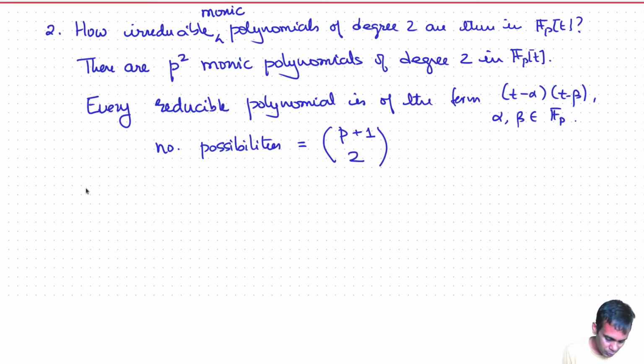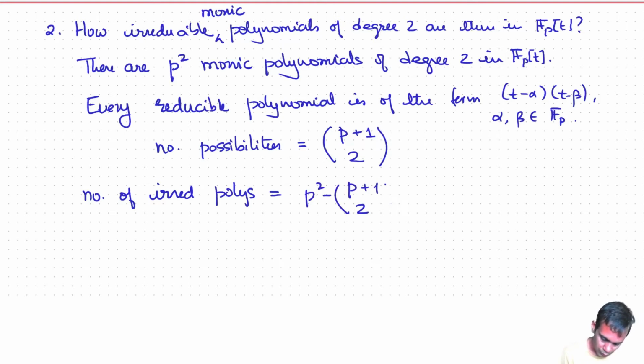So the number of irreducible polynomials is p squared minus p plus 1 choose 2, which is just p squared minus p by 2. Okay, let's try a slightly harder one. How many irreducible polynomials of degree 3?